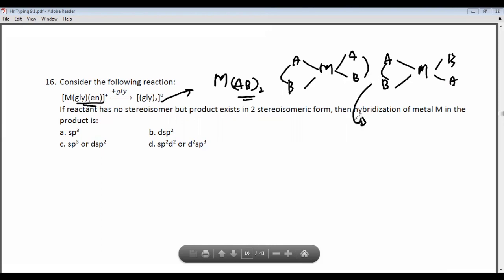Yeah. So wait, glycinate versus the ligand. And what about optical isomerism in MAB2? What about the case in MAB2?